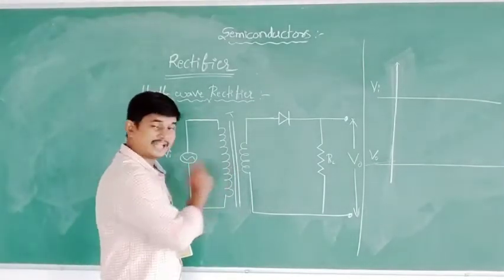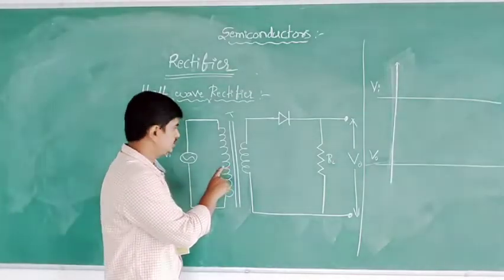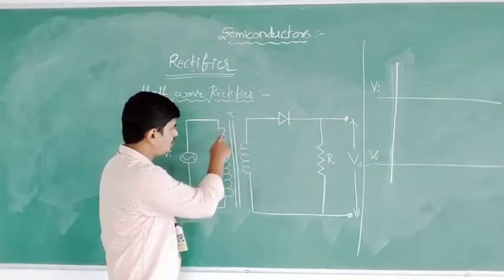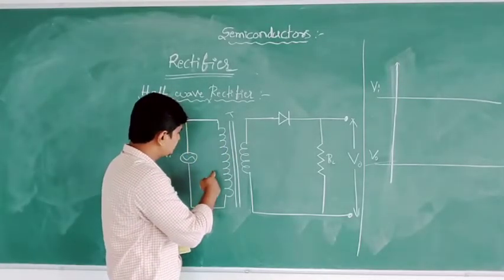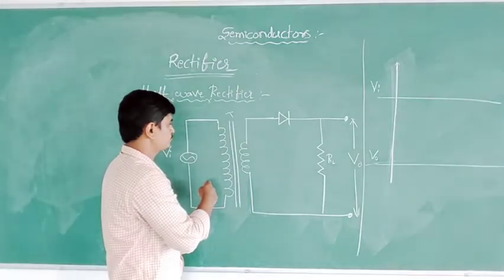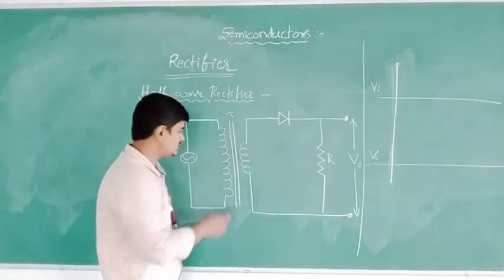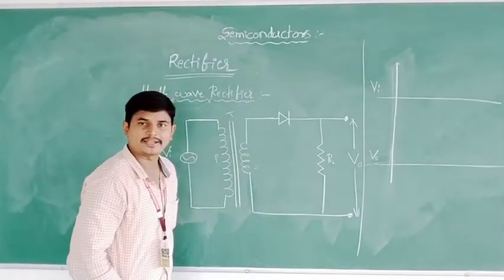As per the diagram, the input voltage is given to the windings. This is the primary winding and this is the secondary winding.